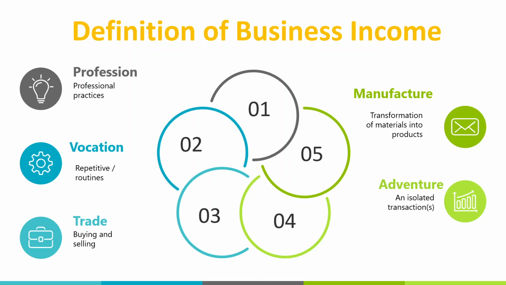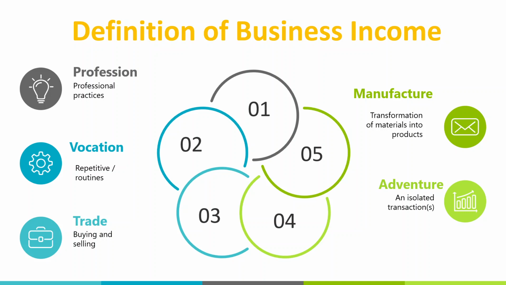Whenever you sell your services rendered or know-how or expertise, you get income, isn't it? Therefore, that income normally will be treated as business income. The next one is vocation. Vocation refers to repetitive routines that people do.